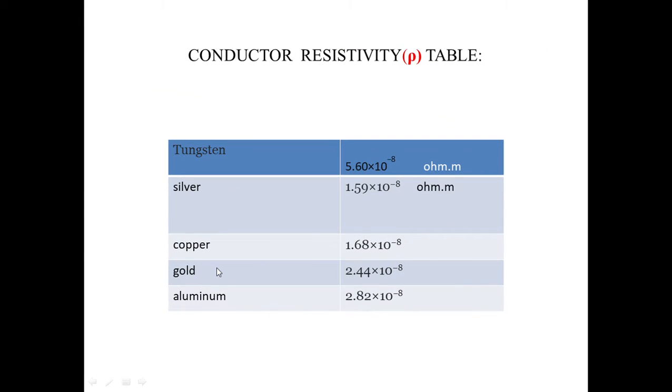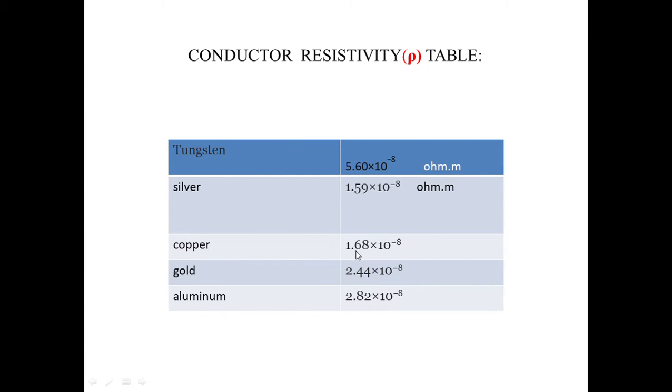So we have a table of conductor resistivity. Tungsten is equal to 5.6 times 10 to the minus 8 ohm meter, and silver is equal to 1.59 times 10 to the minus 8 ohm meter.